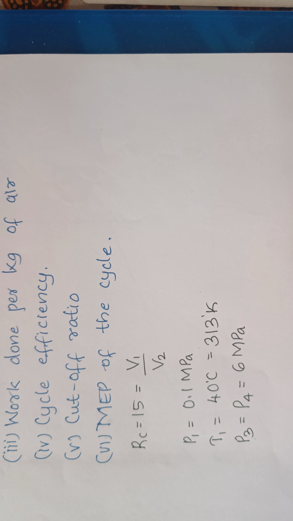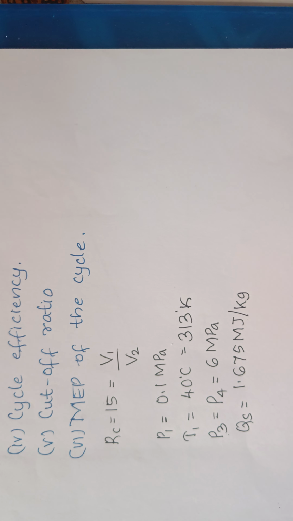Along with that, the heat added is 1.675 megajoules per kg. So QS, the total heat added, is equal to 1.675 megajoules per kg.